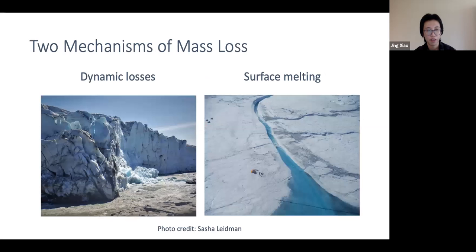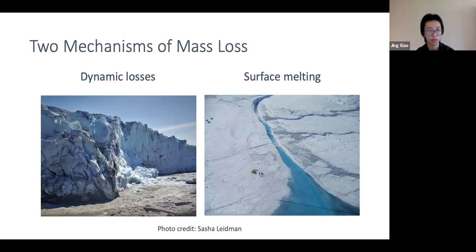This highly variable nature of ice loss from Greenland is the consequence of different physical processes that contribute to the ice sheet mass loss. For example, the two primary ways are dynamic losses and surface melting.